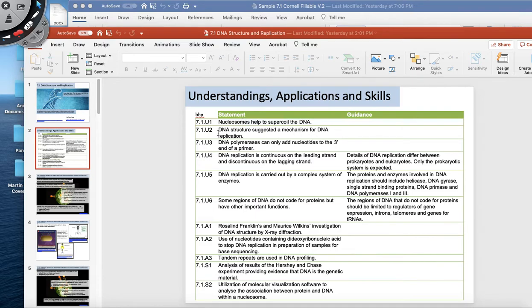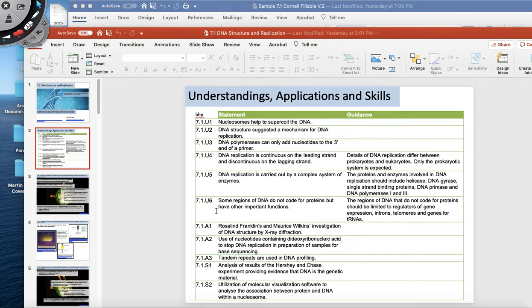The next concept talks about DNA replication, the enzymes for DNA replication, the structures found within DNA replication. Again, some more of the enzymes within DNA replication, and then regions of DNA that do not code for proteins.